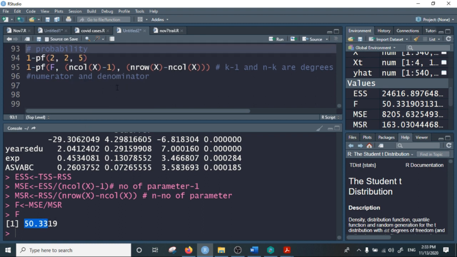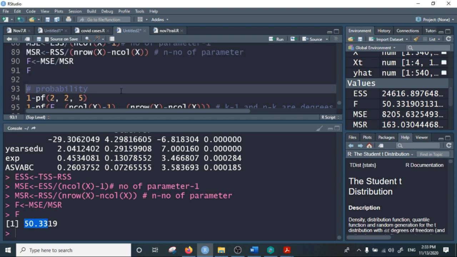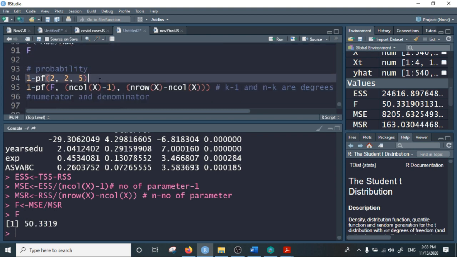Now finally we calculate the probability of F. The probability of F can be found by using the pf function in R. In pf function we simply define the value of F first, the value of F ratio, then the degree of freedom for the numerator and the degree of freedom for the denominator.